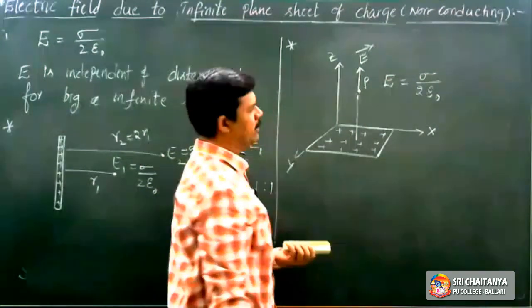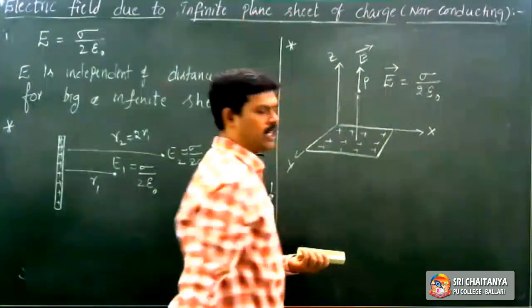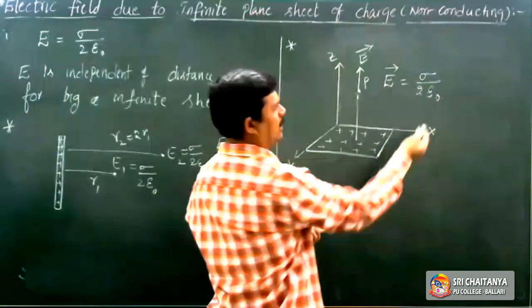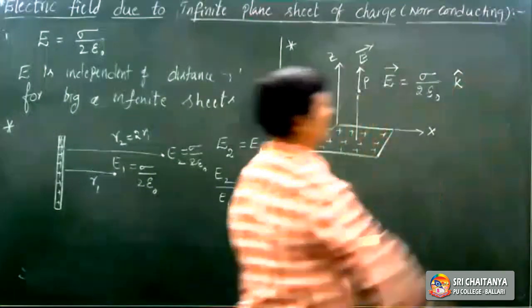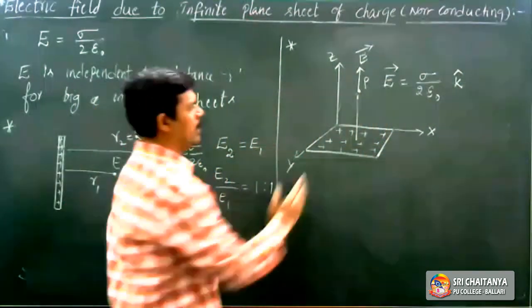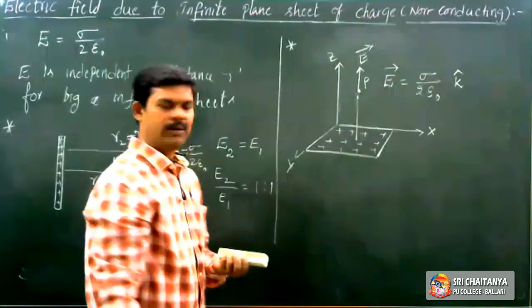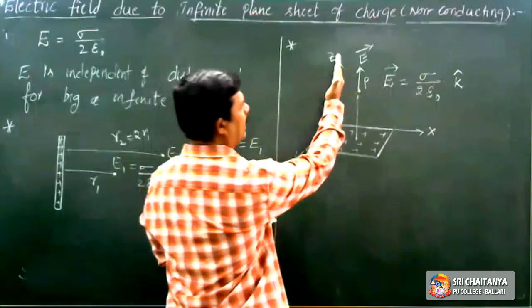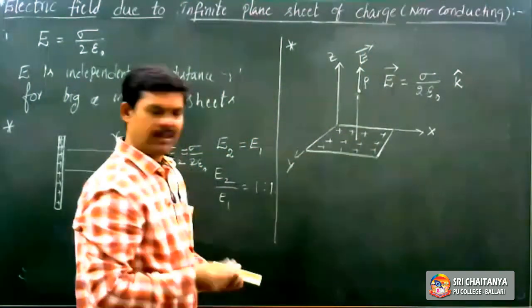If you are asked to mention it in vector form, magnitude is sigma by 2 epsilon naught k cap. Why k cap? It is along positive z direction. When the sheet is present in the xy plane, then the field is along positive z direction, right?